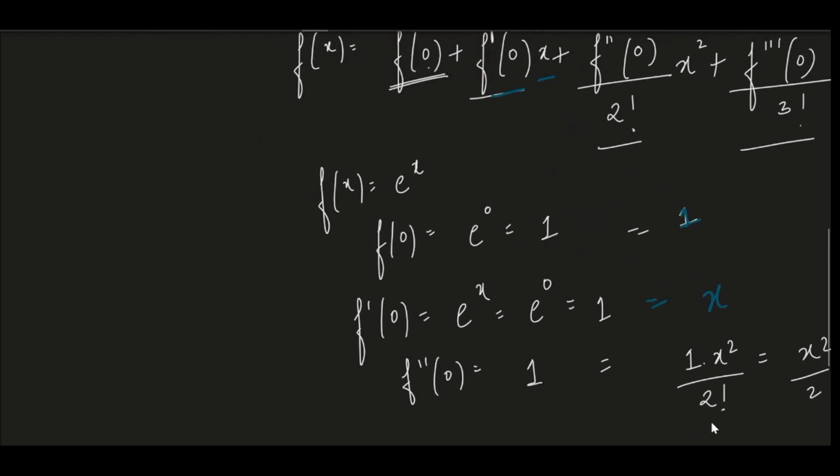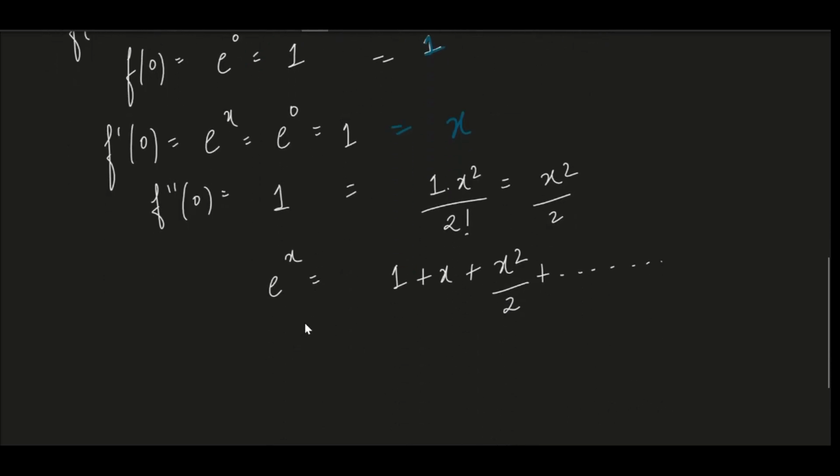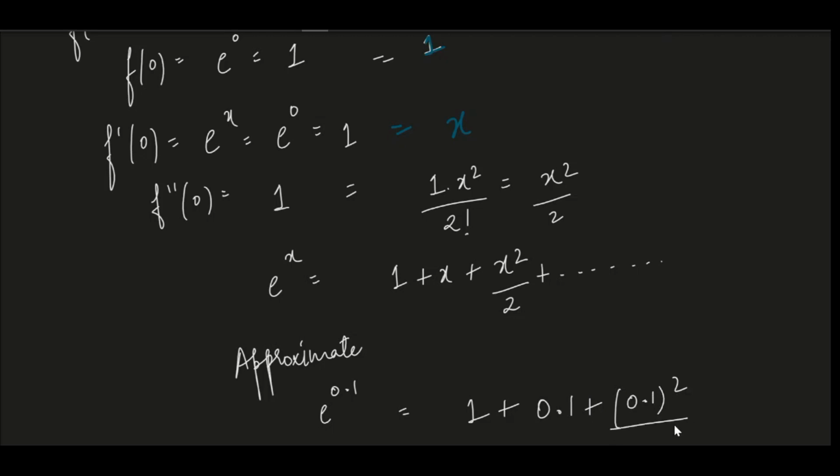Similarly, you can express e raised to the power x as a polynomial, and it will go on indefinitely. Say the question asks you to approximate the value of e raised to the power 0.1. I just replace x with 0.1 and I get my answer.